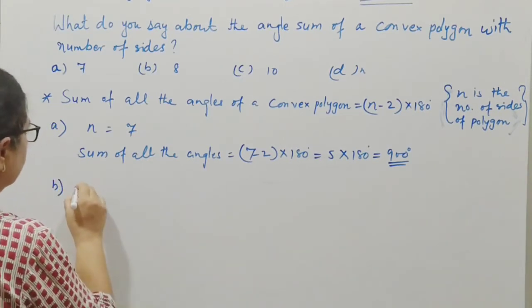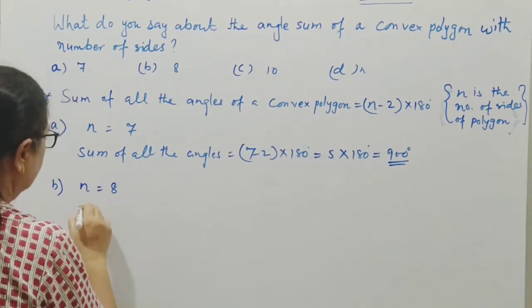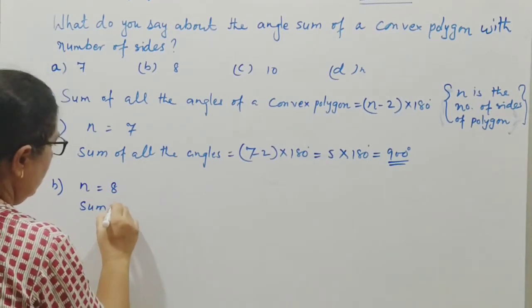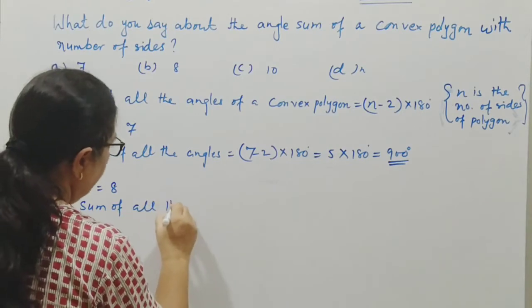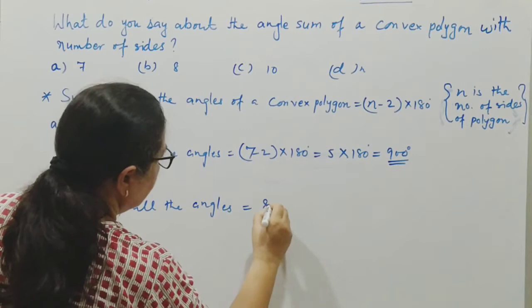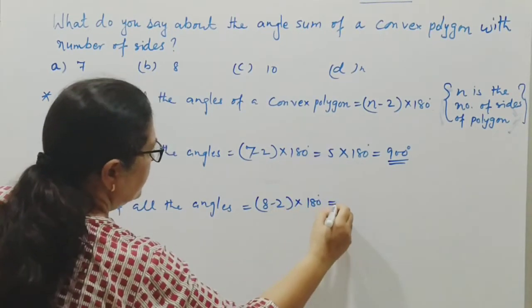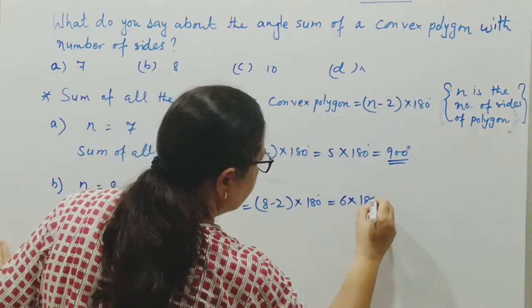B part, for n equal to 8, the sum of all the angles is equal to 8 minus 2 into 180 degrees, that is 6 into 180 degrees.